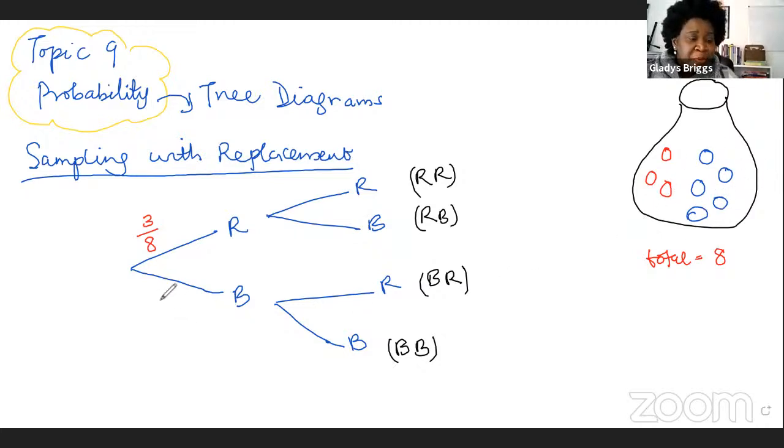And then for the blue balls is 5 out of 8. Because you replaced it, the number of balls inside of the bag did not change. So nothing will be affected in the second set of branches. The second set of branches will still be 3 out of 8, 5 out of 8, 3 out of 8, and 5 out of 8.